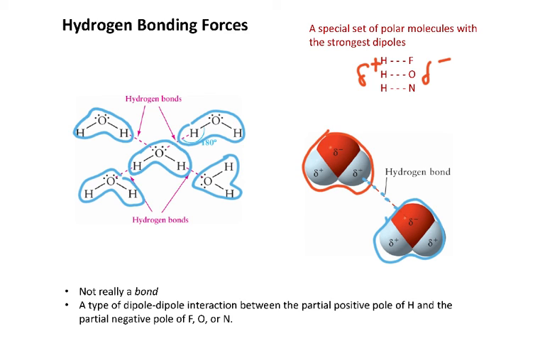So the hydrogens, which have a partial positive, will be attracted to this lone pair of electrons here. A reminder that it's not really a bond. We just call it hydrogen bonding. It's a special type of dipole-dipole interaction between the partial positive pole of H and the partial negative pole of F, O, or N. So only H-F, H-O, or H-N form hydrogen bonds.